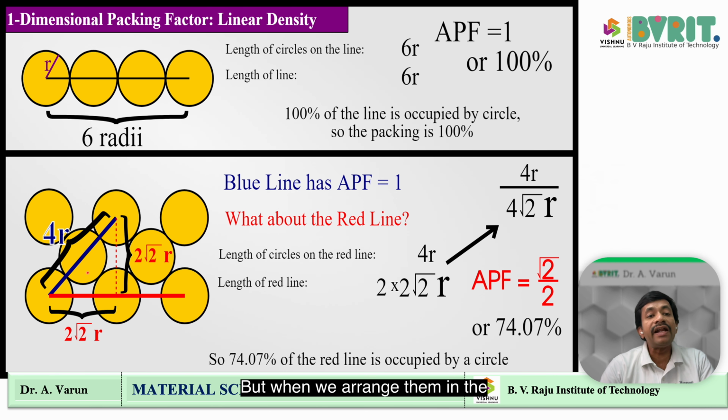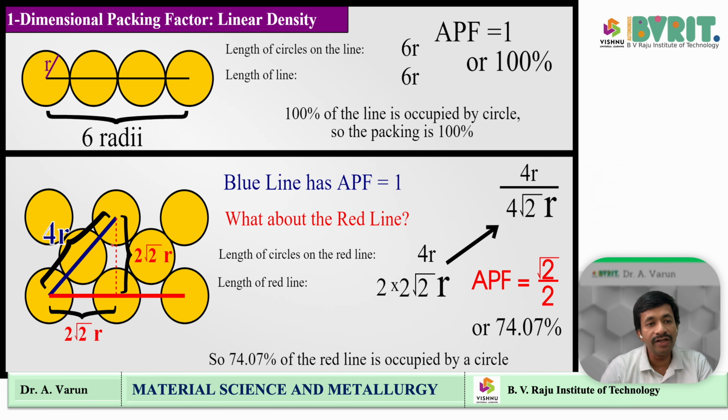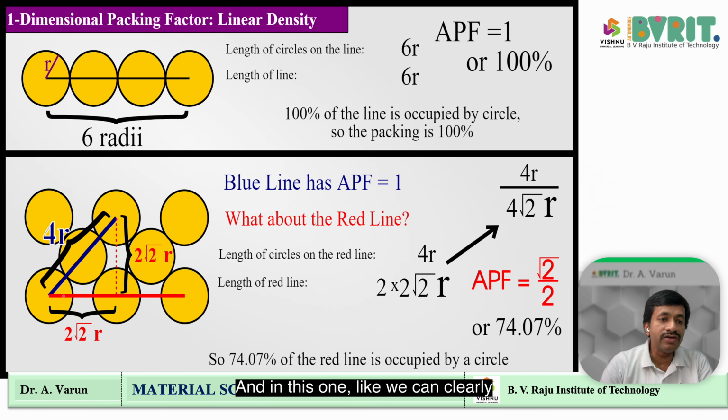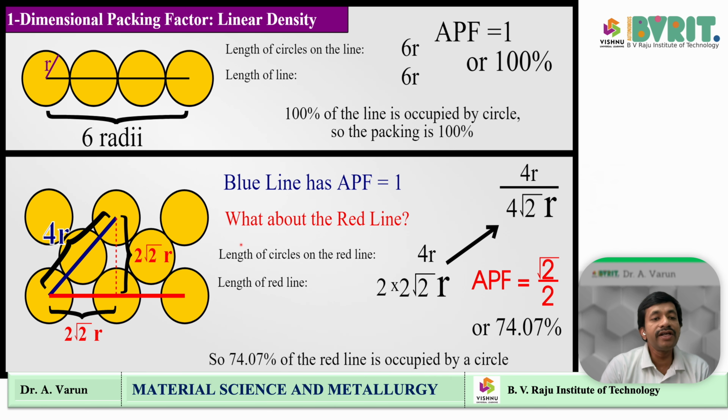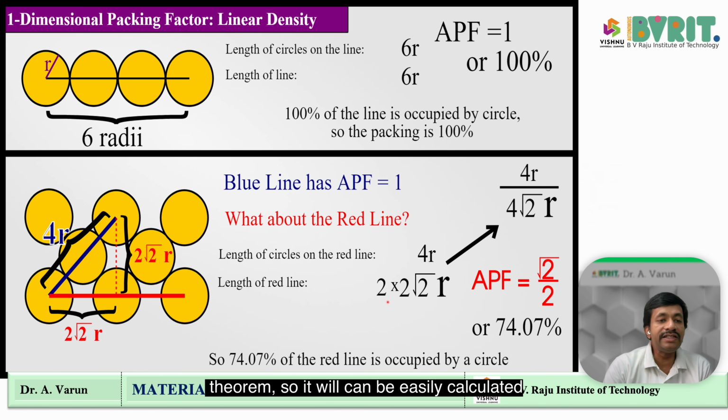But when we arrange them in two dimensions, we may encounter this type of arrangement of atoms. Here we can clearly know this length in the diagonal, because they are touching each other. So I can take this as r, 2r, and one more r, which is 4r. For this side, we know the Pythagoras theorem, so it can be easily calculated as 2 root 2 r.